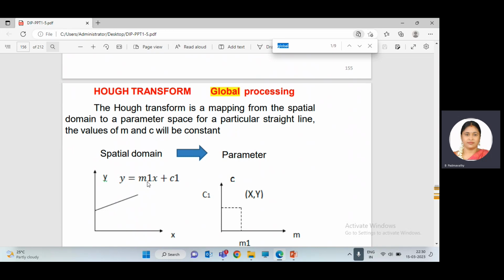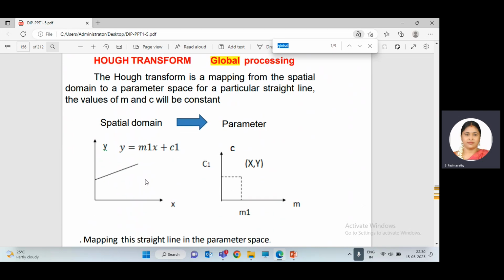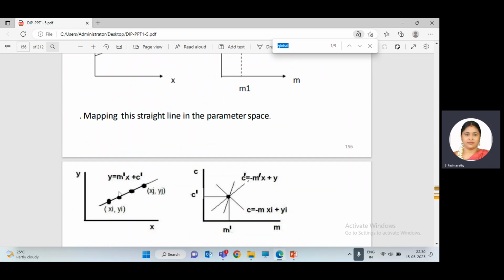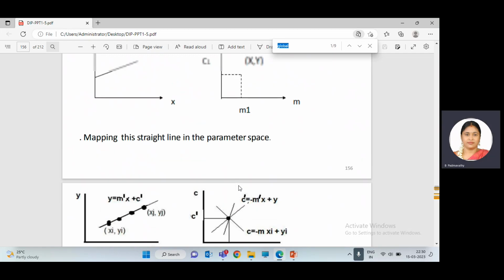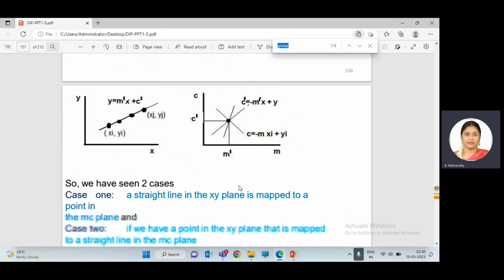So we can write this equation in terms of a and b instead of x and y, and we can calculate the parameter space. At different points, you can pass different kinds of straight lines and calculate different parameter spaces in order to satisfy the condition of global processing transforms.